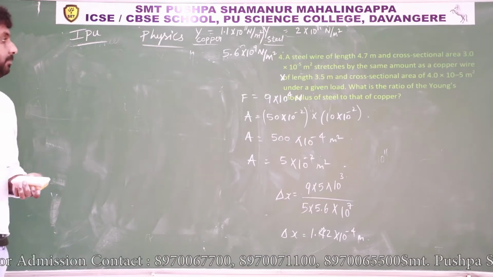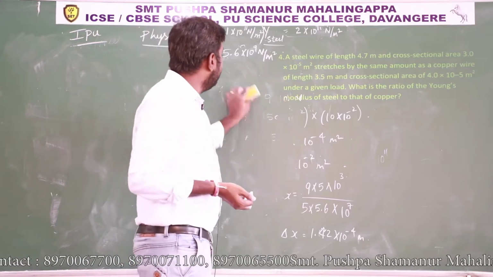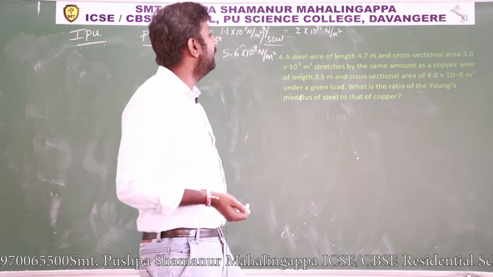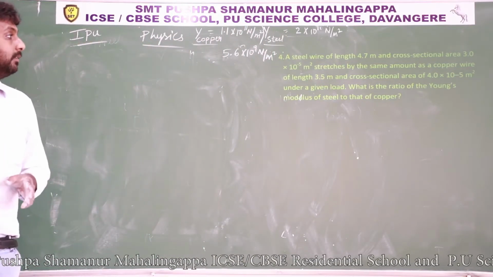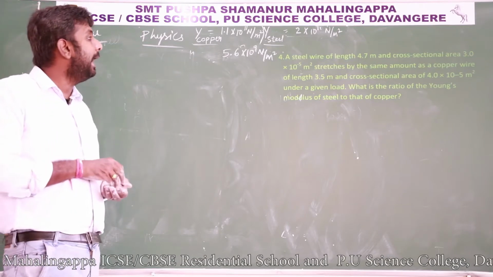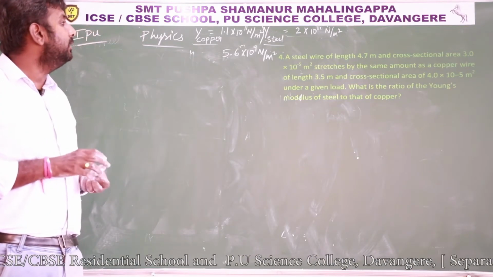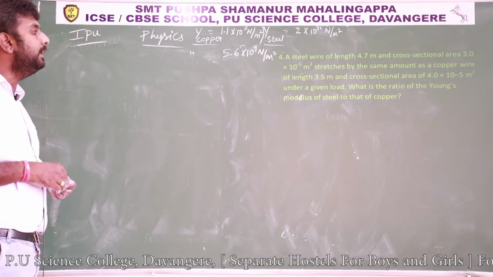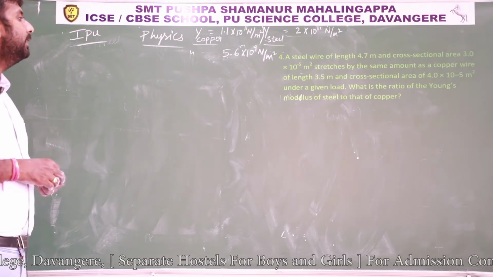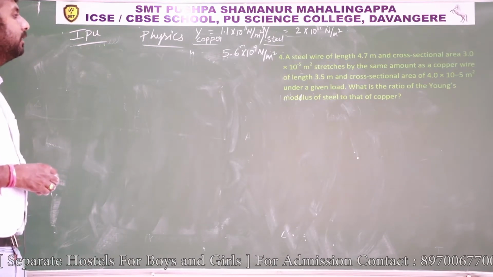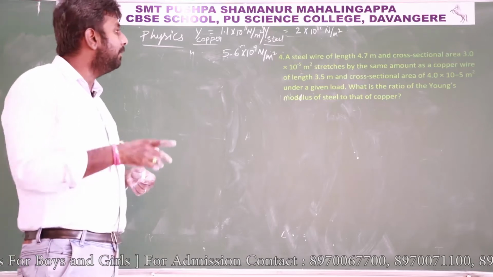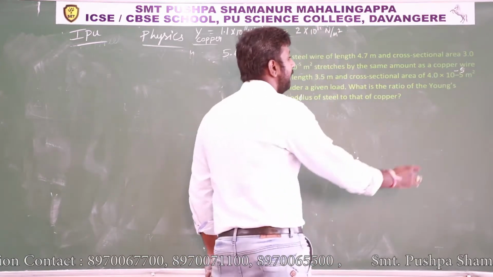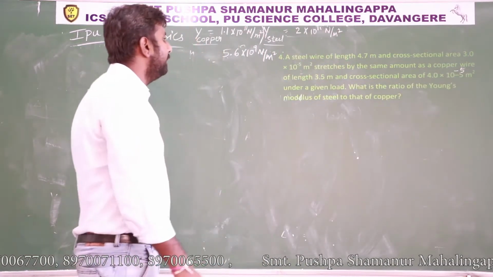And in the next problem: a steel wire of length 4.7 meter and cross sectional area 3.3 into 10 to the power minus 5 meter square stretches by the same amount as a copper wire of length 3.5 meter and cross sectional area 4 into 10 to the power minus 5 meter square under a given load.